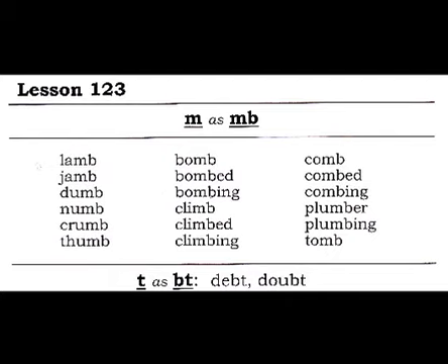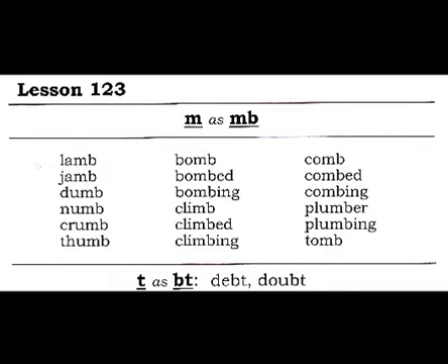But in the word crumble, the B is sounded. Okay, thumb, he is thumbing for a ride, or he is using his thumb. Bomb, B-O-M-B, the planes were going to bomb that particular town. They bombed it. Then the B is sounded if you add an ED in the past tense.